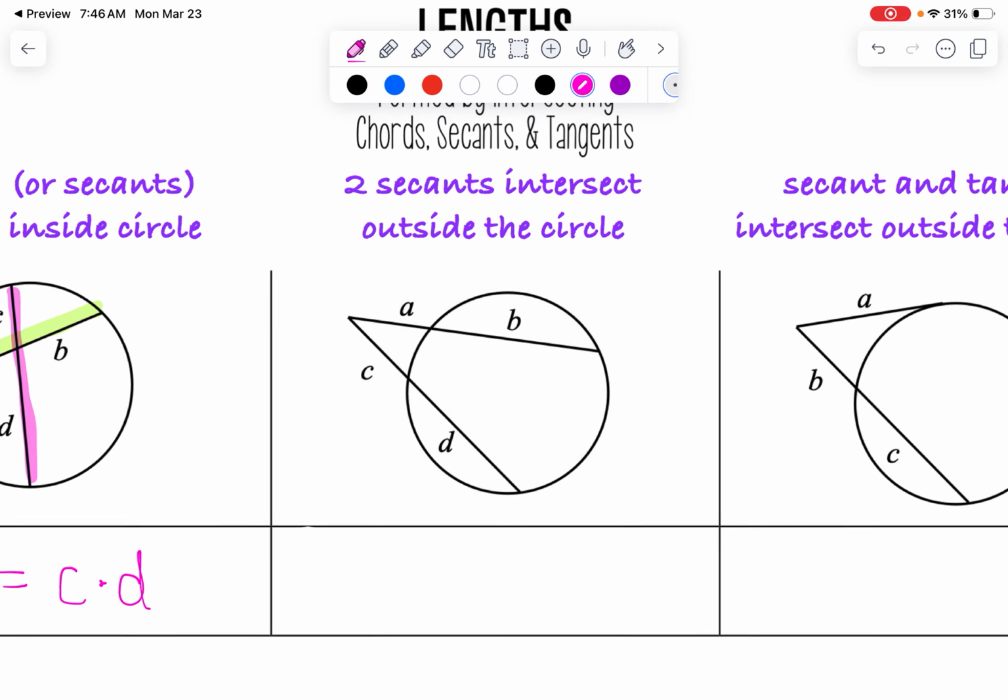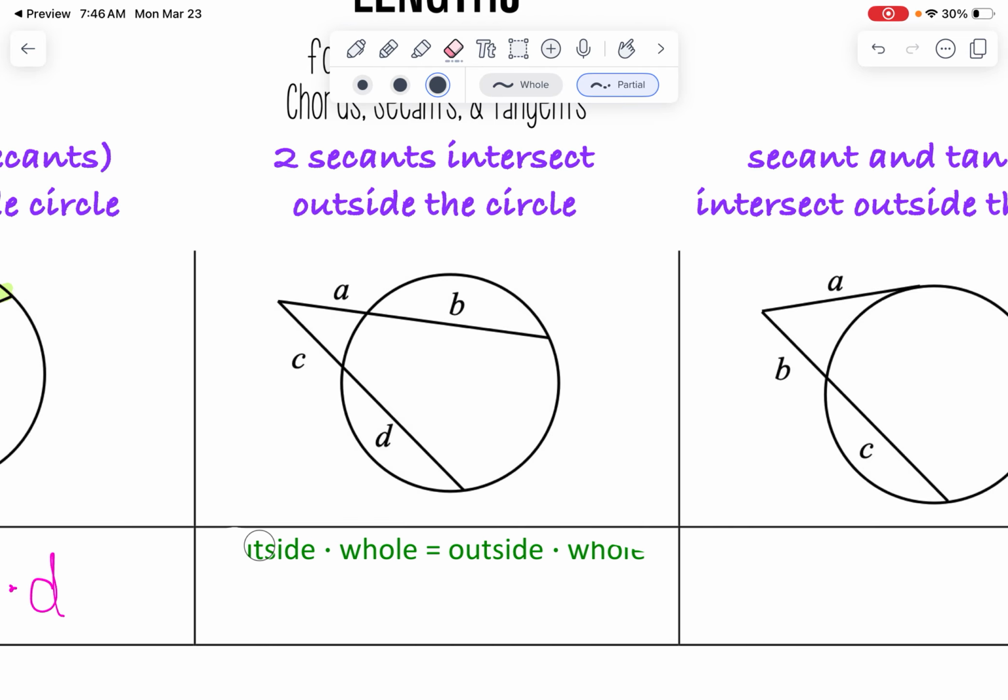Now, if you have two secants that intersect outside the circle, then the relationship is a little trickier. This is a good way to think of it.